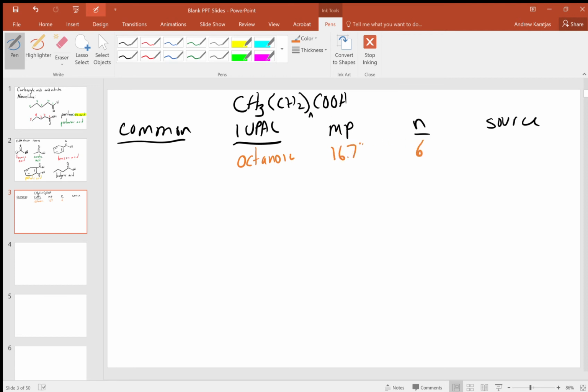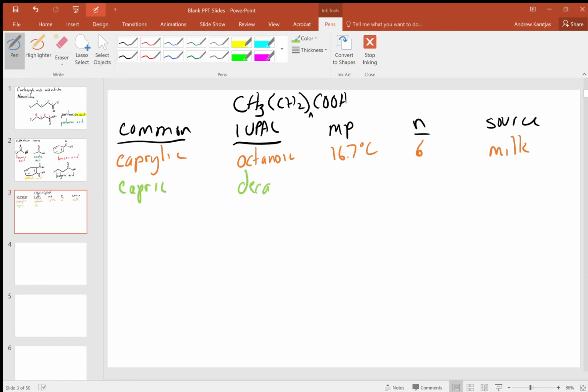It has a fairly low melting point. 16 degrees Celsius means it's a liquid at room temperature. More commonly, though, this is, at least in that context, referred to as caprylic acid. And the primary source of caprylic acid is from milk. If we go up 2 carbons, and that's what we're going to do here, 2 carbons at a time, we get to capric acid.